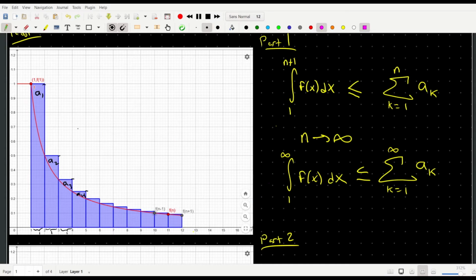And we now have that if the improper integral diverges, or the area under the function f of x diverges, then this infinite sum is also forced to diverge. Because we can think of the area under the function as this, I'll shade it in pink right here, all of this area right here.